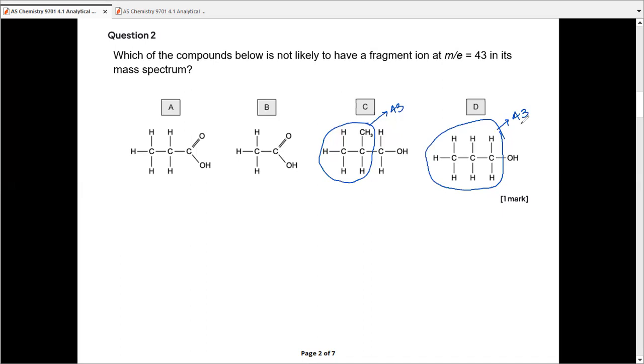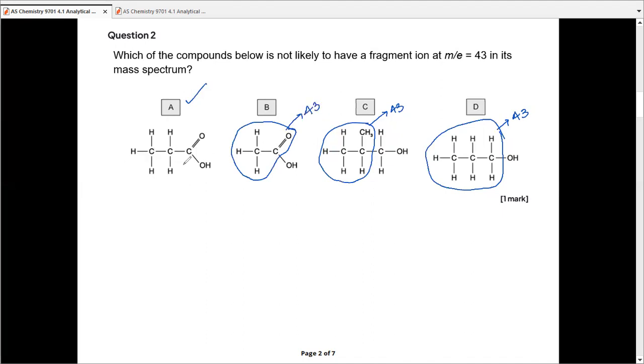What about A and B? Because one of these is definitely having 43 in it. A. Good, perfect. A is the correct answer, because if I fragment this out of B, again, it would be 43.